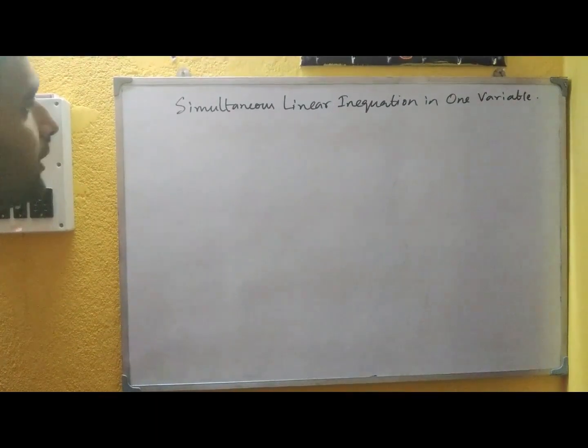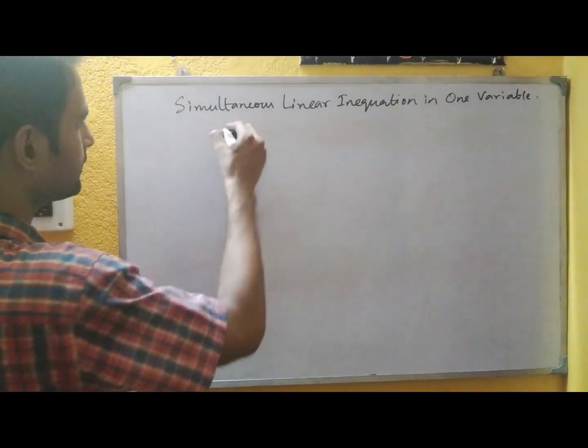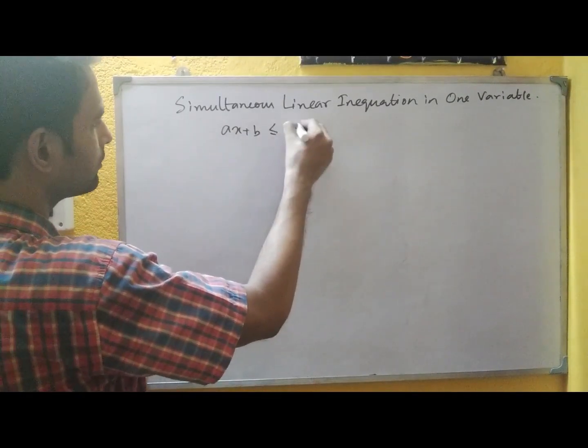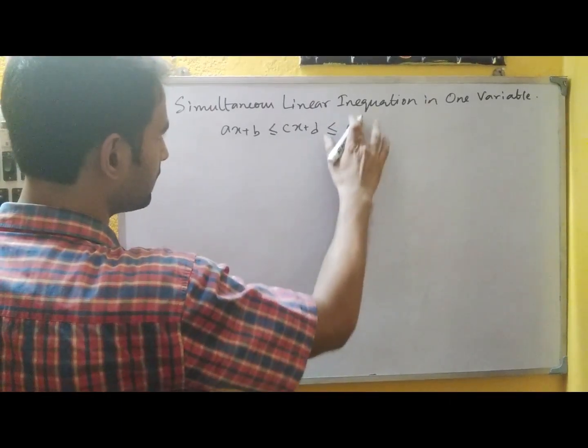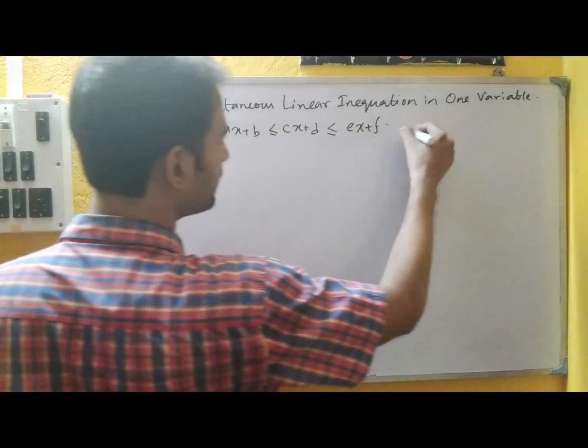So in simultaneous linear inequation in one variable, we will get equations like this: say ax plus b less or equal to cx plus d less or equal to px plus f. Something like this.